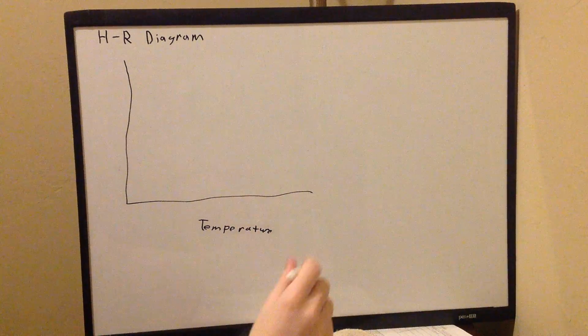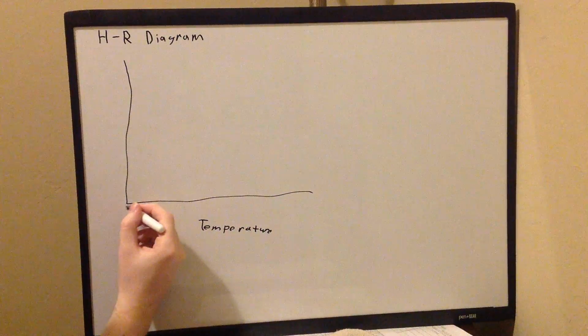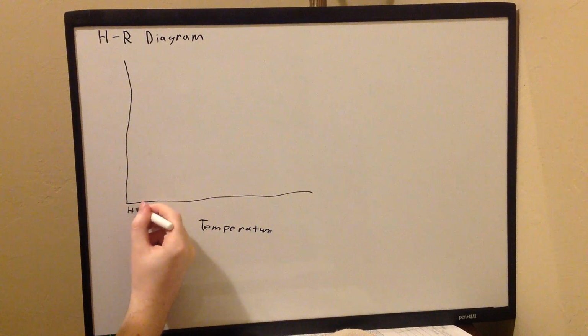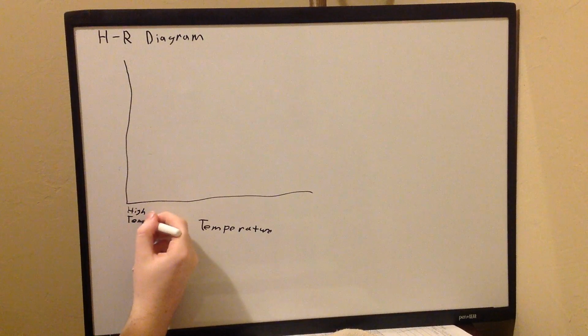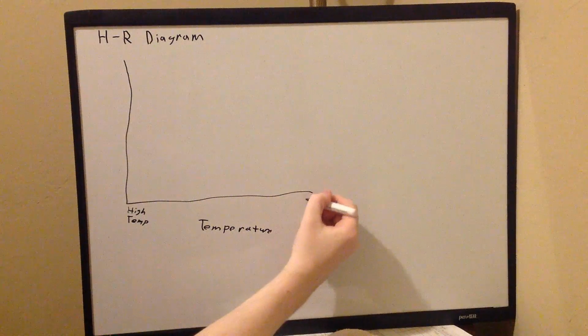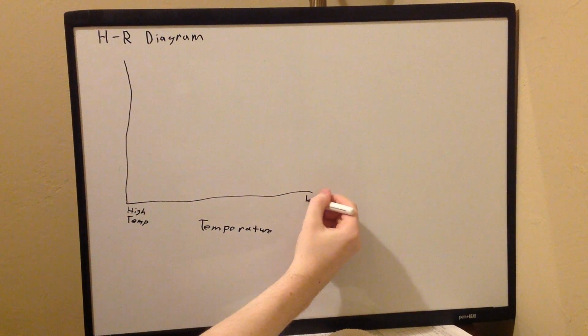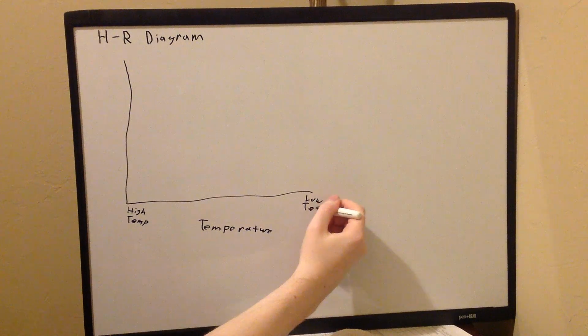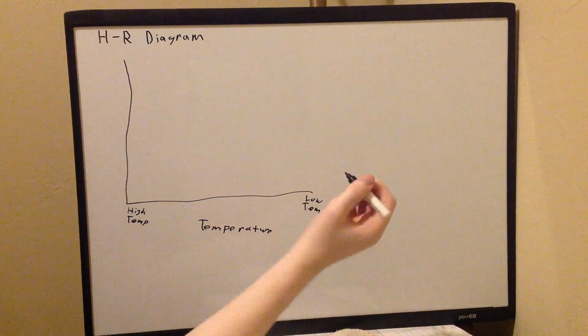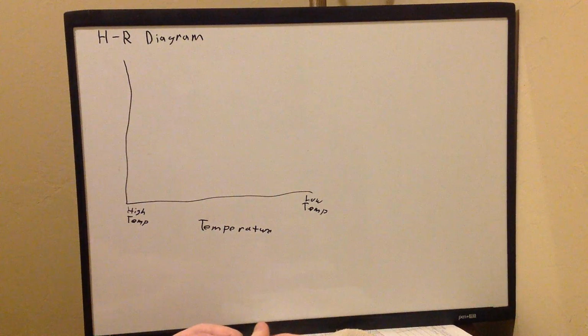But it's graphed a little bit strangely, in which high temperature is over on the left side and low temperature is on the right side. Non-standard, but it is how it is, sort of.